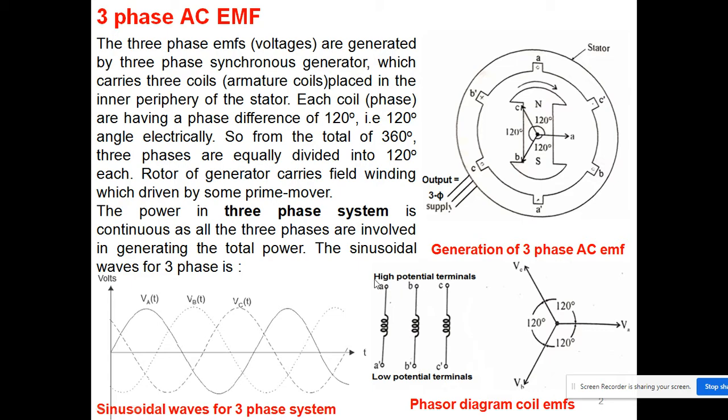A, B, C are the high potential terminals, and A dash, B dash, C dash are the low, or no potential, terminals. I represented my induced EMF here in a phasor diagram, apart by 120 electrical degrees.